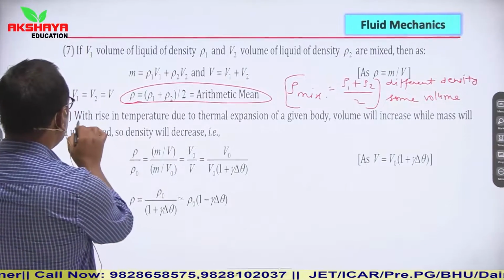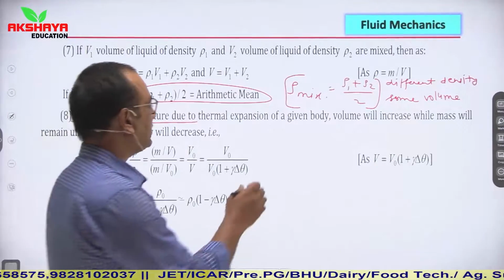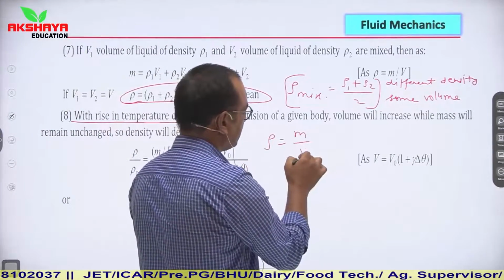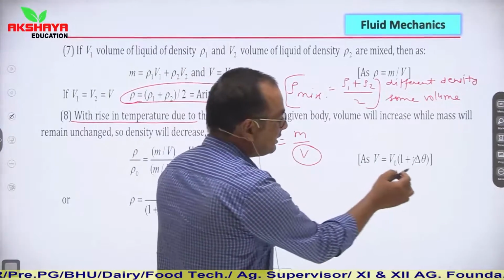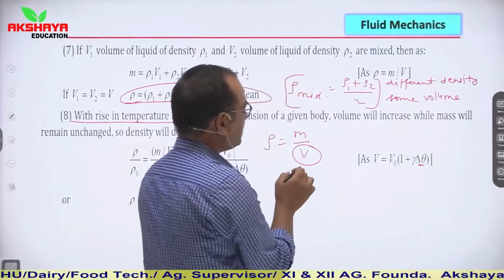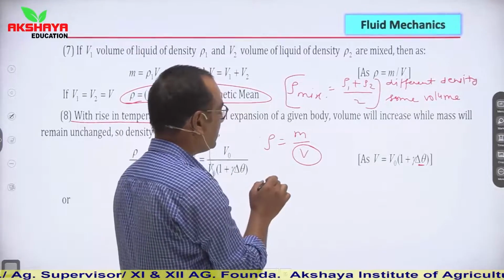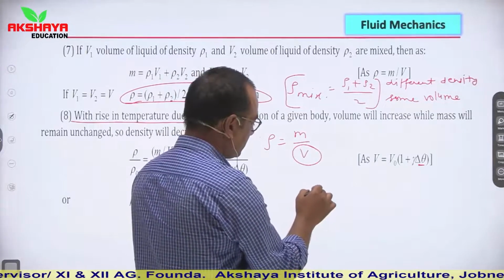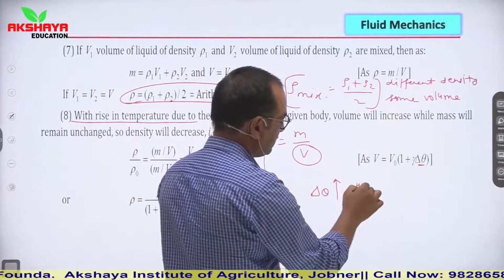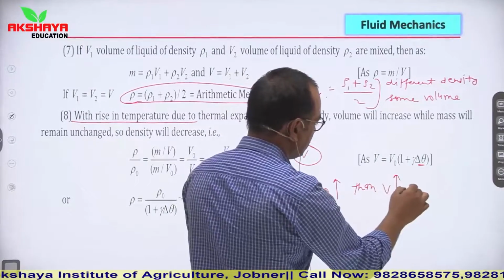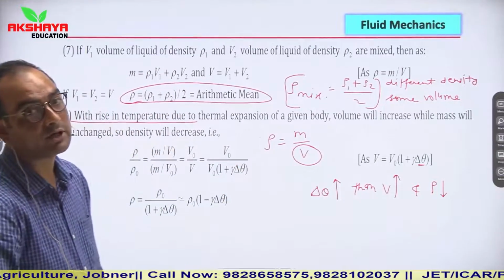Now see, with the rise in temperature, what is the relation between temperature and density? We know that ρ is equal to m upon v, and volume depends on temperature. If volume increases with change in temperature, then density will decrease. So if Δθ increases, volume also increases, but density decreases, because volume and density are reciprocal to each other.